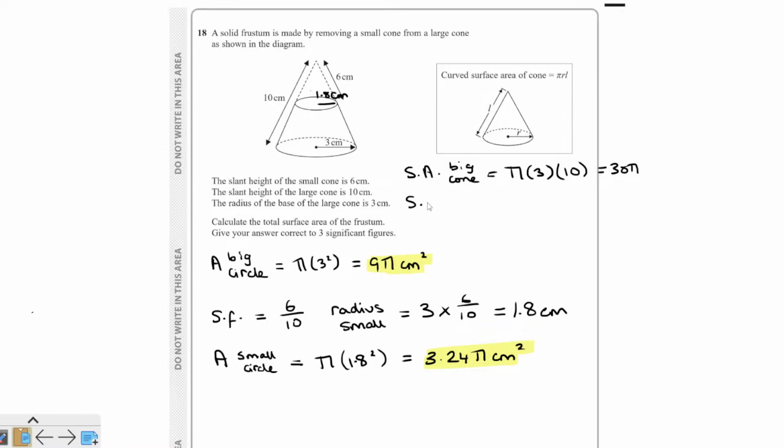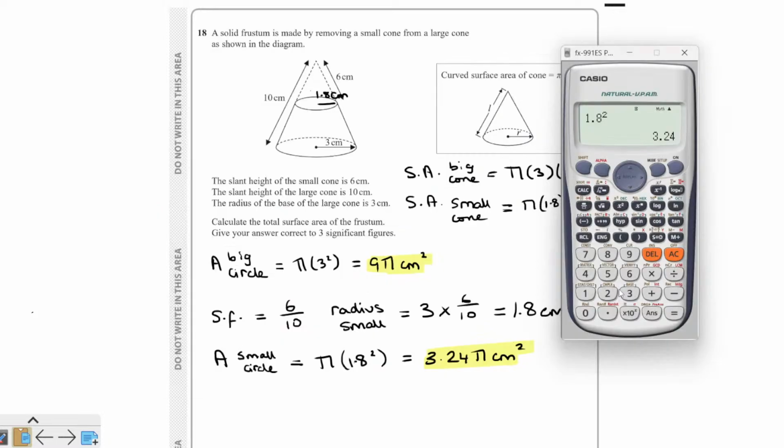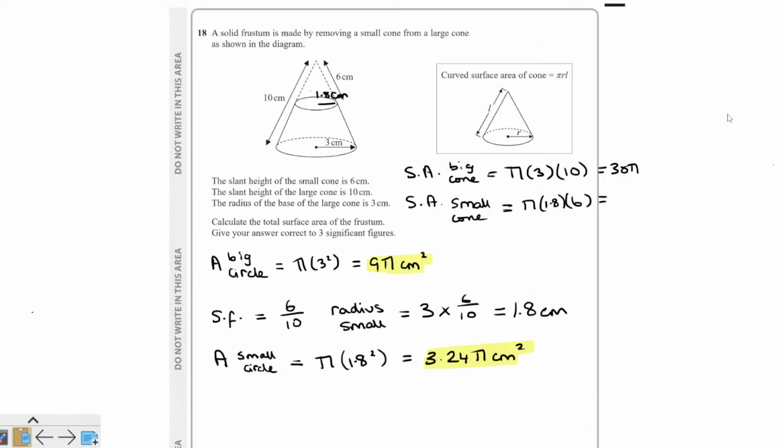And then the surface area of the smaller cone at the top is pi, again, times by that radius, which is 1.8, so we needed that as well, times by 6. That one I'm going to work out on my calculator. 1.8 times 6 is 10.8, so that's 10.8 pi.